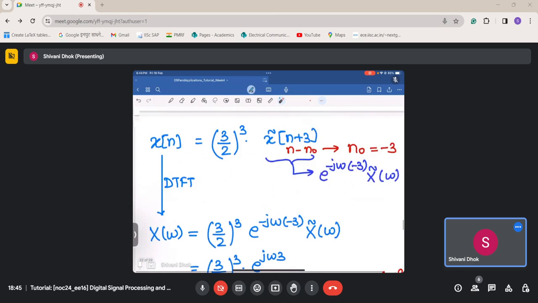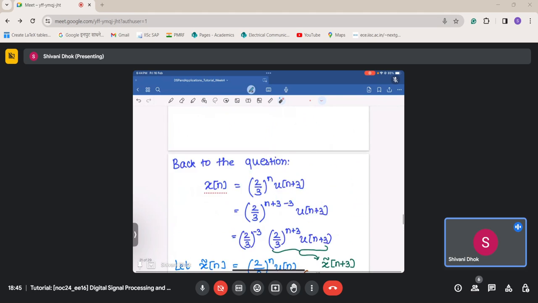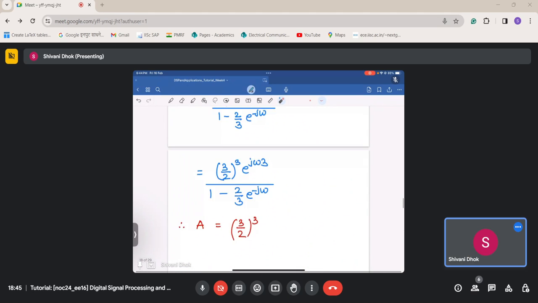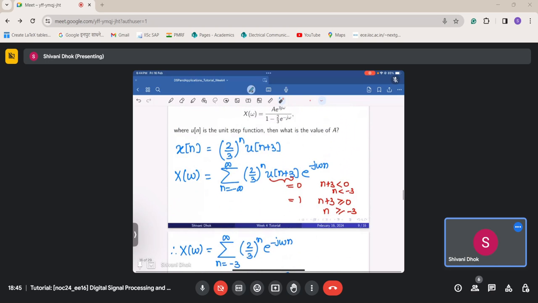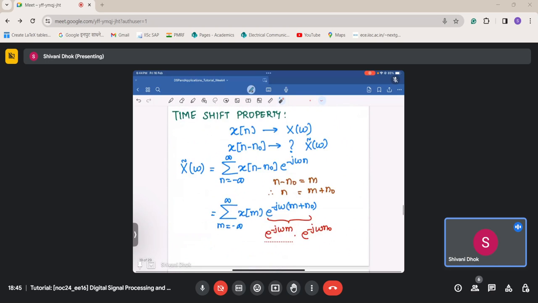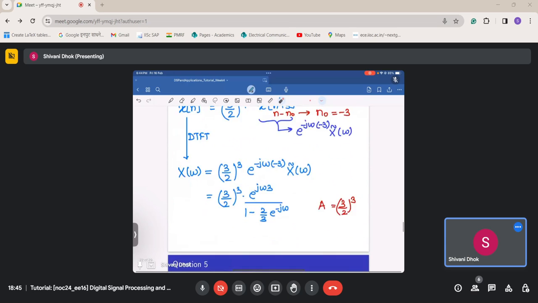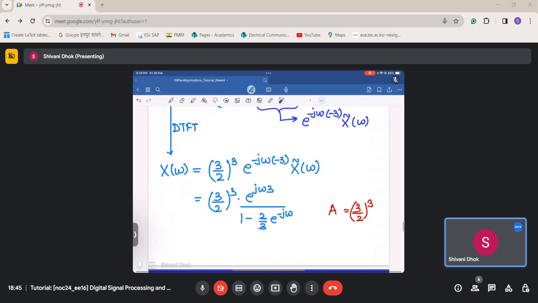So here, instead of finding that entire summation which we did here, this entire math, it was much easier to apply this simple time shift property. Both of the approaches are very correct. Nothing is wrong in both of them.